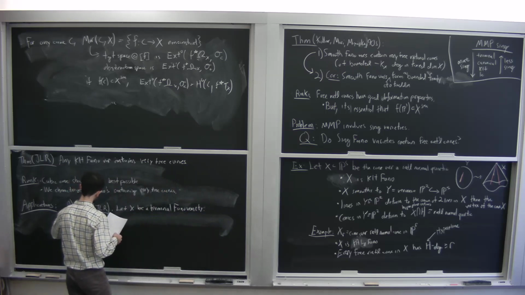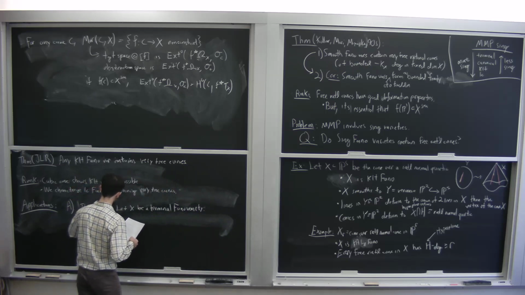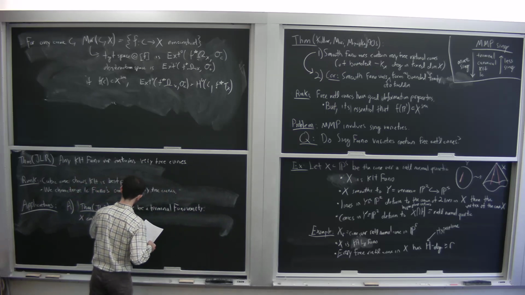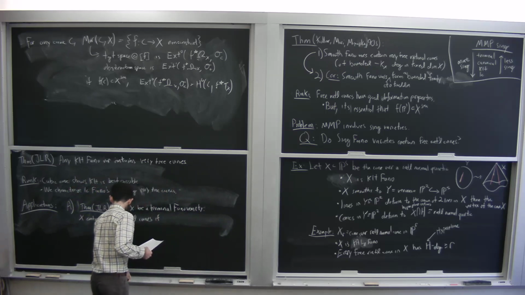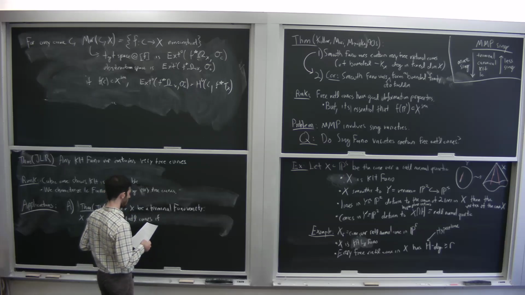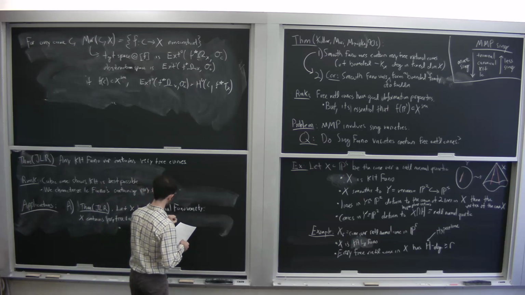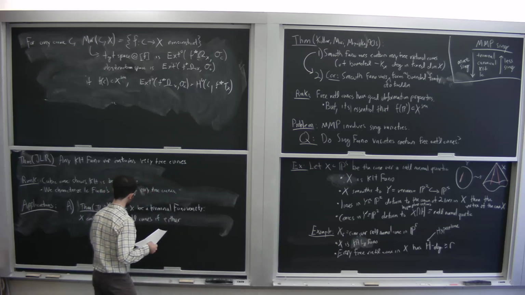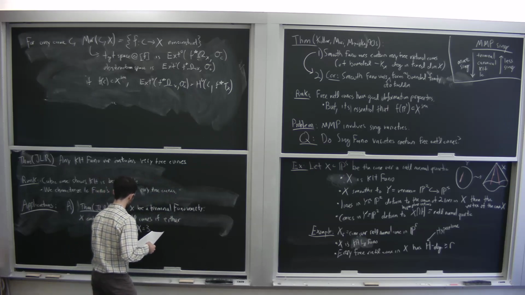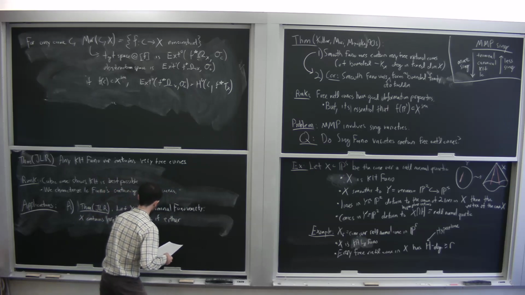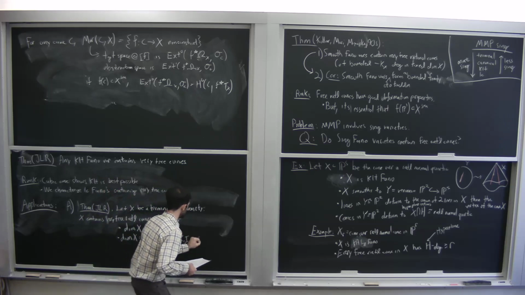X contains very free rational curves if either dim X is equal to 3, or dim X is equal to 4 and X has LCIQ singularities.